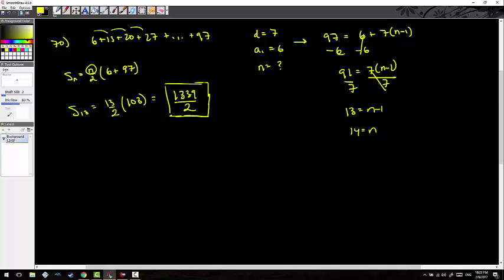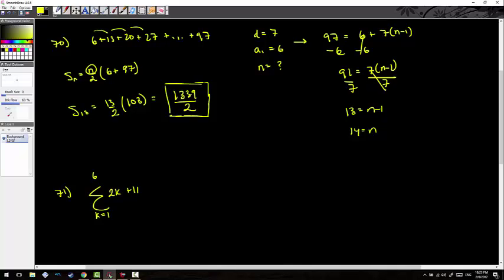All right, let's take a look at a sigma problem here. If we look at something like number 71, you start from k equals 1 to 6. The formula is 2k plus 11.